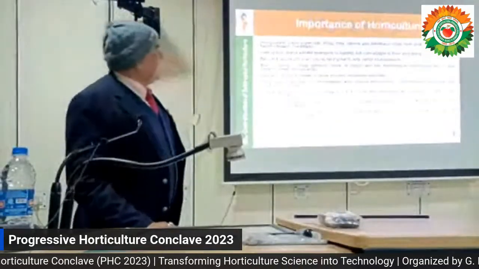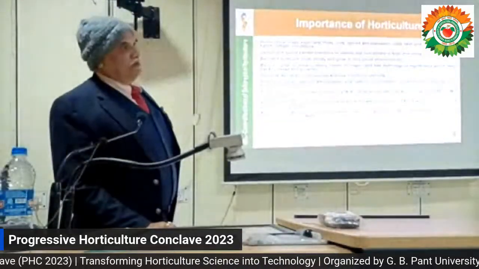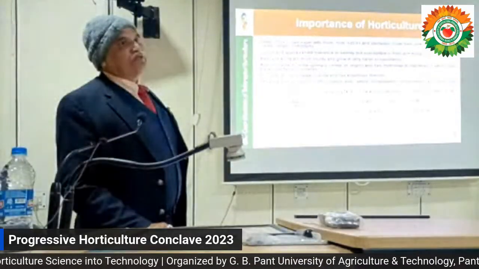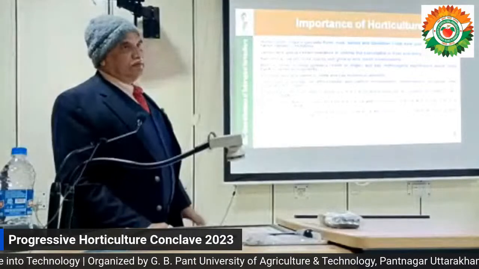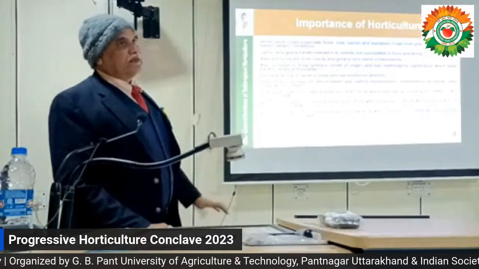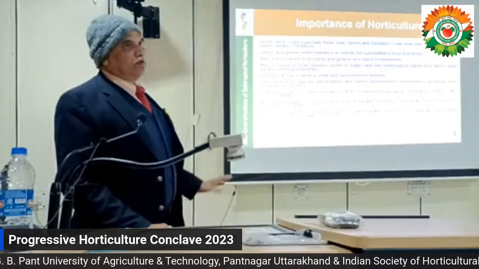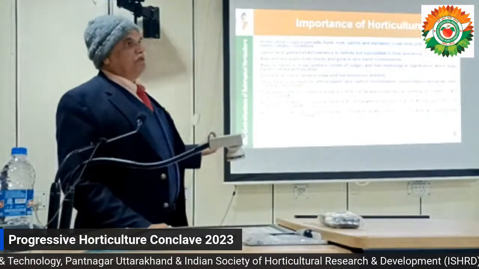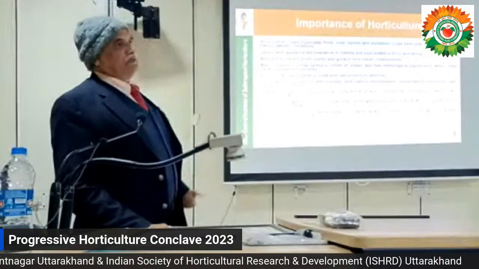Bael and aonla are such important crops which can be grown in these types of soil. They can tolerate climate aberration in a good way, and you can get good yield during extremes of high or low temperatures.